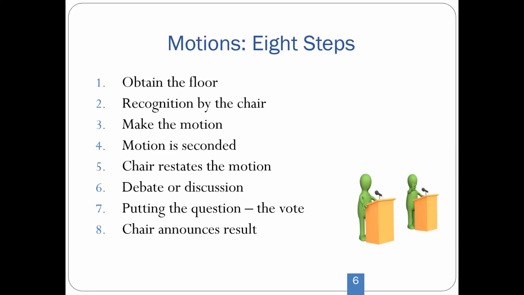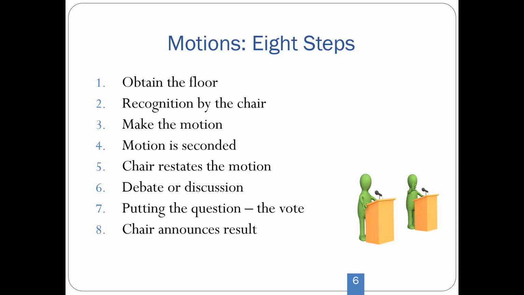The motion is seconded by another member. And by seconding the motion, it shows that someone else within the membership is interested in the motion. The chair then restates the motion. It's a good idea to have motion slips and provide for written motions. It makes life a lot easier for your president, for your secretary to keep track of the minutes, or you can just do it verbally.